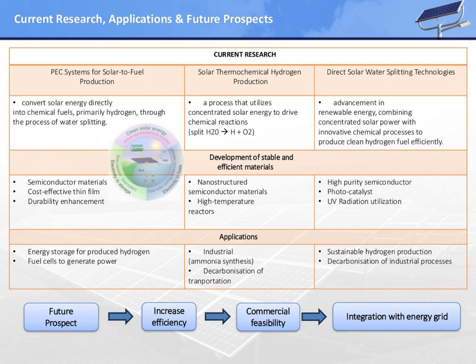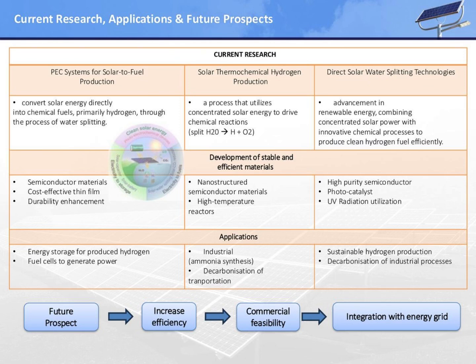The application is that we can produce sustainable hydrogen because it provides a clean method for producing hydrogen fuel without greenhouse gas emissions, and decarbonization of industrial processes such as ammonia synthesis and refining processes, aiding in the decarbonization of this sector.